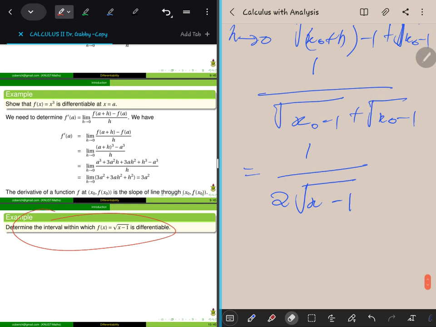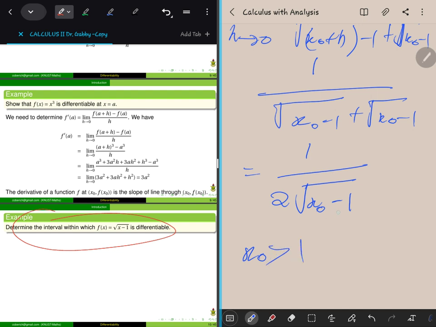In fact, this x naught, I just wrote that so we know what we're trying to do; you can use anything that you want to use, right? So now that we have this, we have to find the domain. The domain is the range within which the function is defined, right? And looking at how this function is, it's only defined when this x naught here is greater than 1, right?